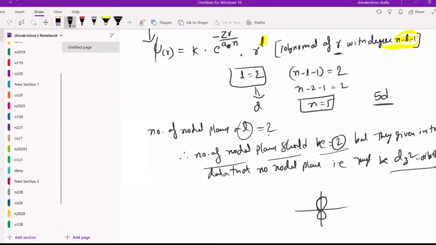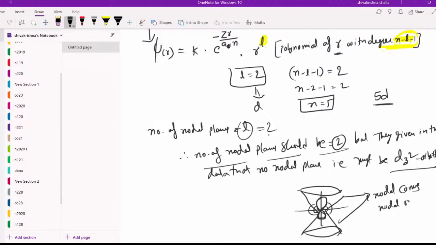Sir, this lobe is nothing but electron density. Around that also is electron density, circle like. Now tell me, in this cone, in this direction, no electron density. In this direction also, no electron density. These are called nodal cones or nodal regions.